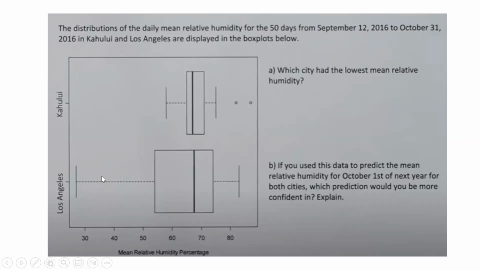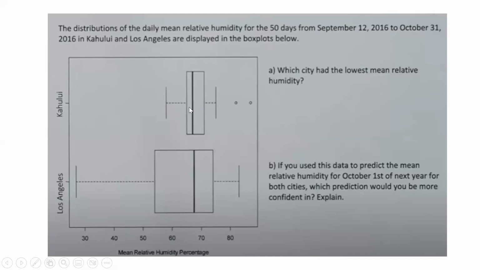Like I said, 25% is here. The medians are fairly similar, but 50% of the data are more concentrated.